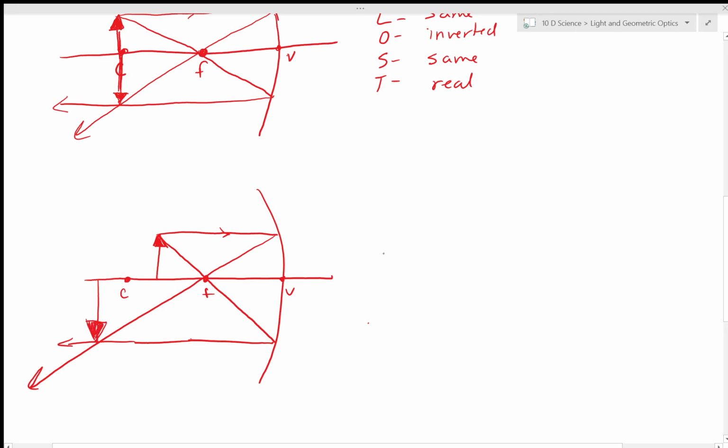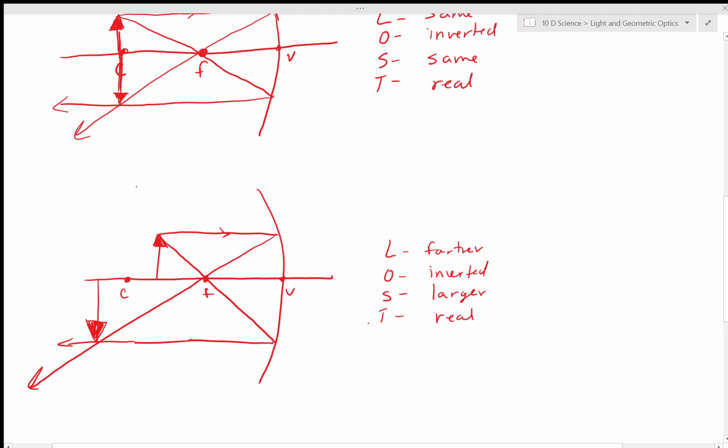All right, so let's describe our image using LOST. So its location clearly is farther. Its orientation still inverted. Its size is larger now. The image is larger than the object. And the type is still a real image. Those are still actual light rays that are converging.